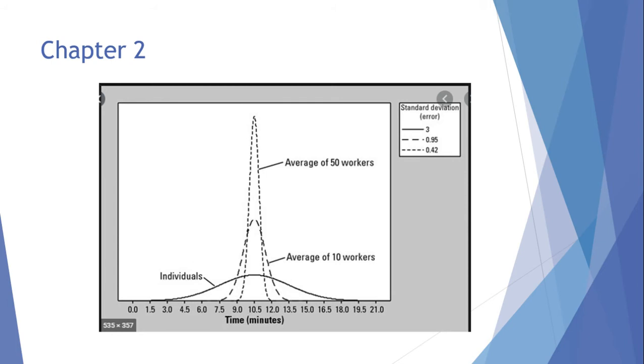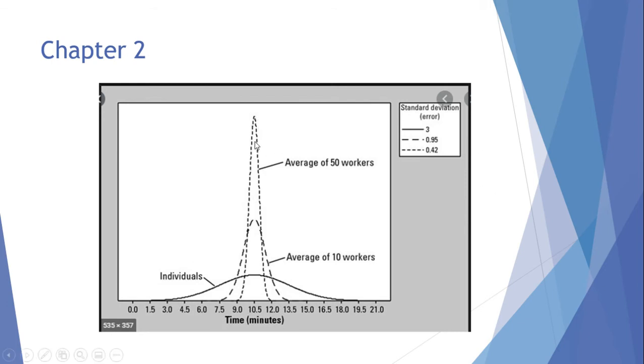If two people both took 10 minutes to complete the task, you would stack them on top of each other: an X for one person and another X on top for the other. And if you had a whole bunch of people who got exactly 10.5 minutes, you might get this tall, skinny curve that we see right here.